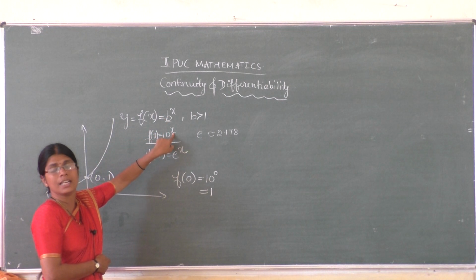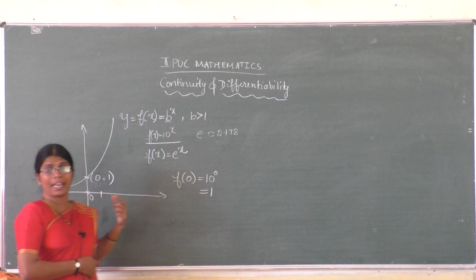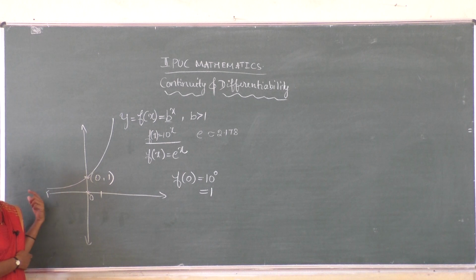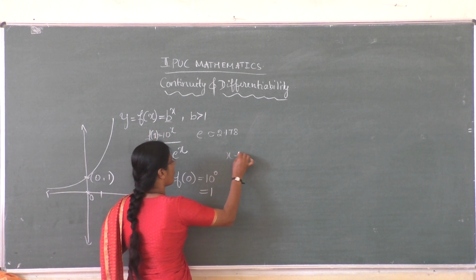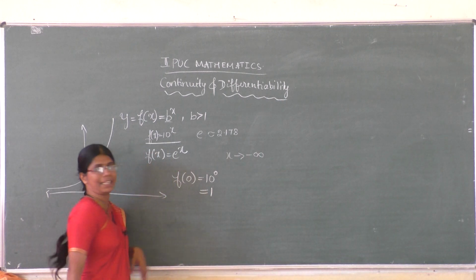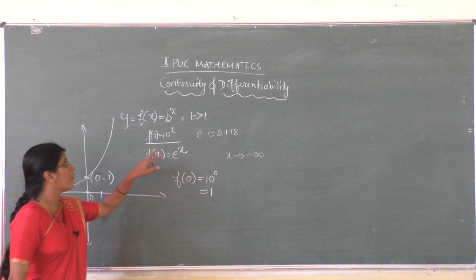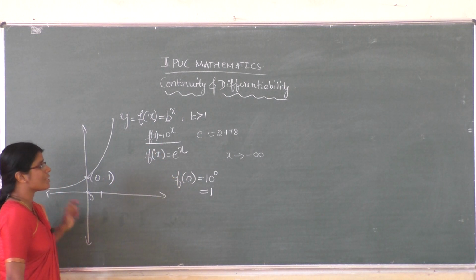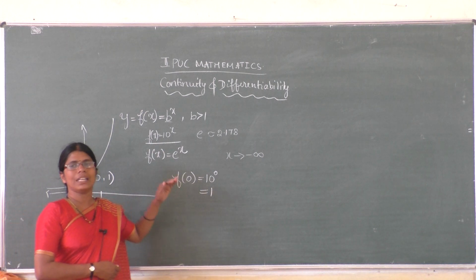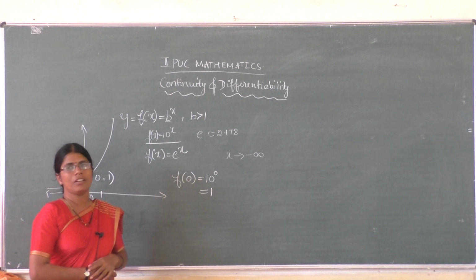When x approaches minus infinity, that means we take smaller and smaller values for x, then 10 to the power x approaches 0. So these are some properties of this exponential function.